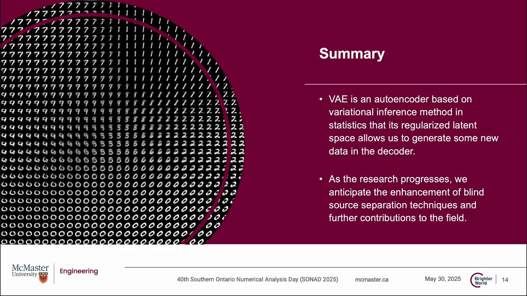To summarize, VAE is an encoder based on the variational inference method, and the statistical analysis typically works based on the Bayesian rule, and it has a feature that helps it regularize the latent space to generate some new data. And as our research is progressing, we anticipate the enhancement of blind source separation techniques in this research field.